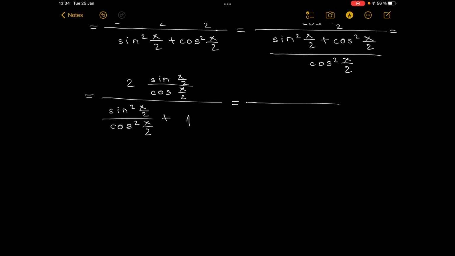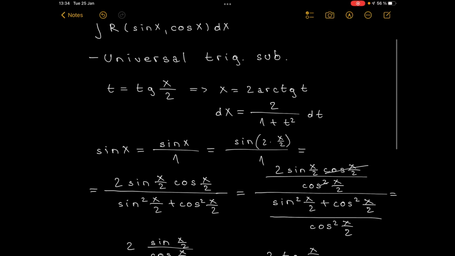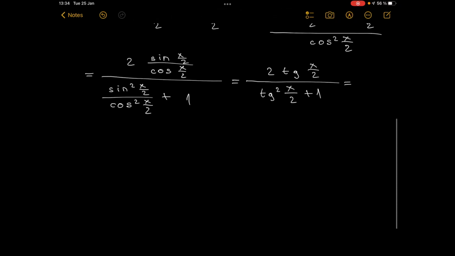And finally, notice that the numerator can be written as 2 times the tangent of x over 2, and the denominator can be written as tangent squared of x over 2 plus 1. And remember that we said that t is equal to tangent of x over 2.